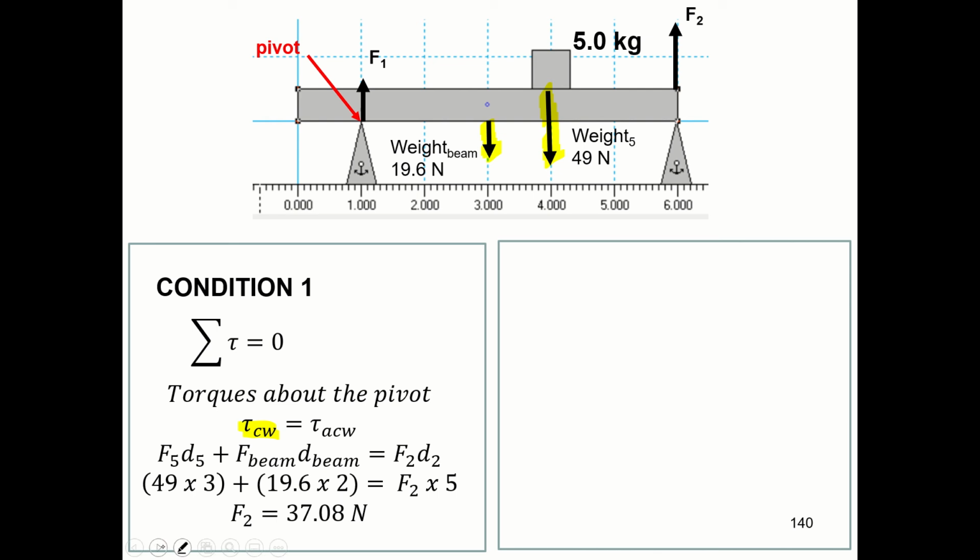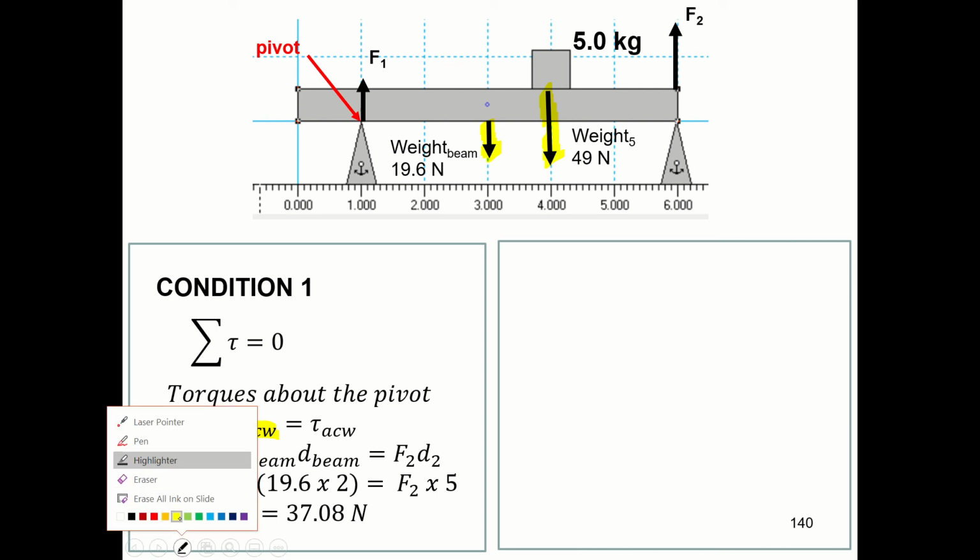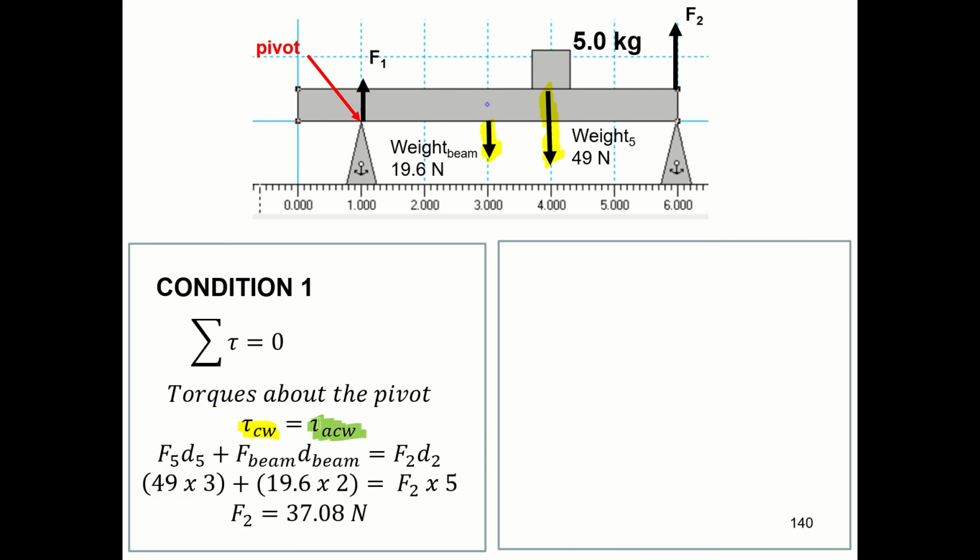And the anti-clockwise torque is due to this arrow over here. That arrow is trying to twist the whole beam anti-clockwise about our pivot. Here's our pivot, which I drew with a blue circle, and the clockwise torques are trying to push the whole beam clockwise about this pivot.